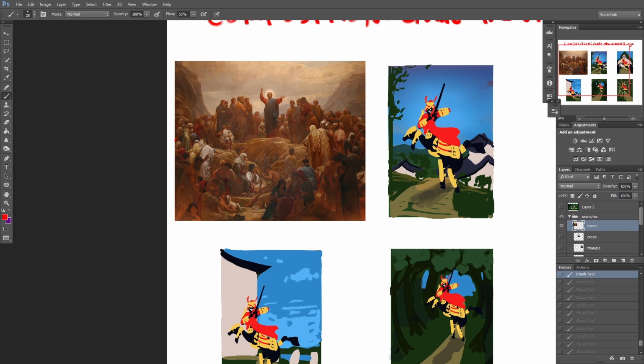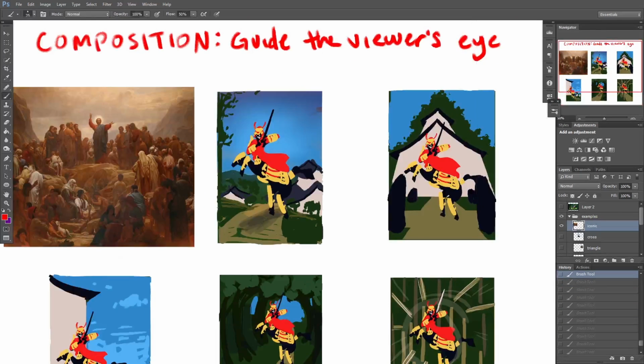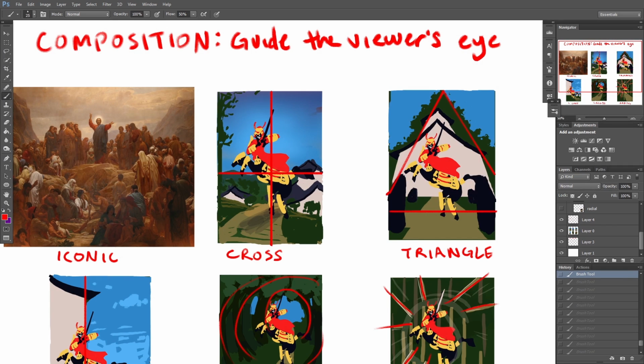The next one is called a cross composition, and cross compositions are similar to iconic compositions but with less symmetry, so there's less restriction in what you can do with it.